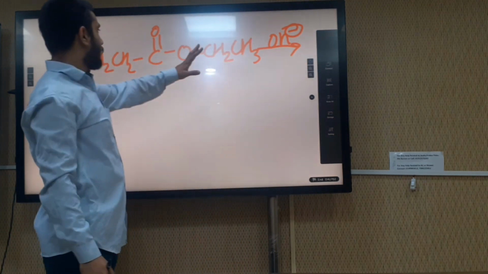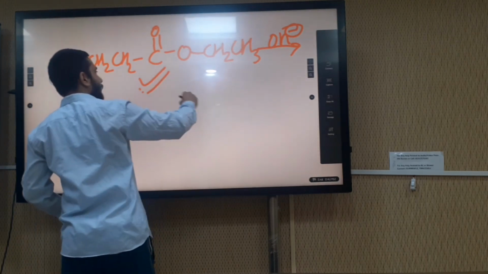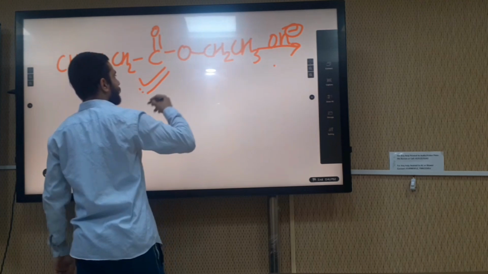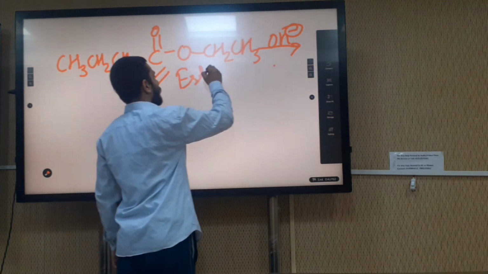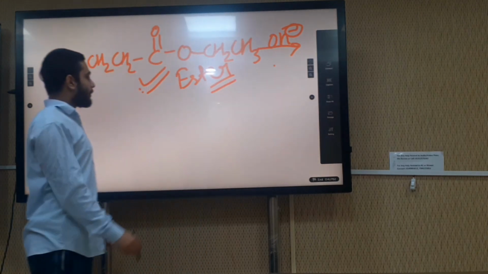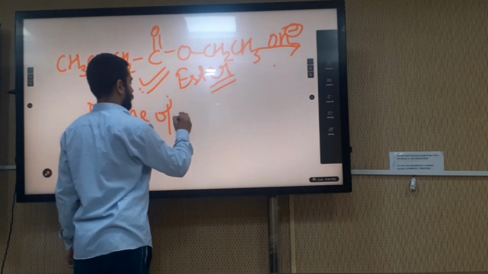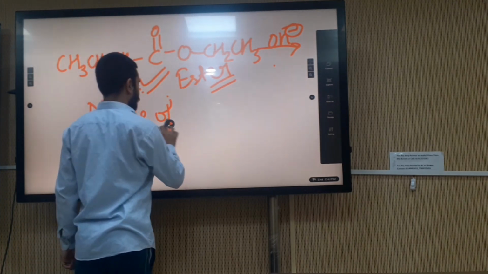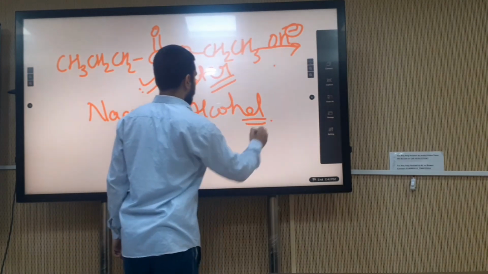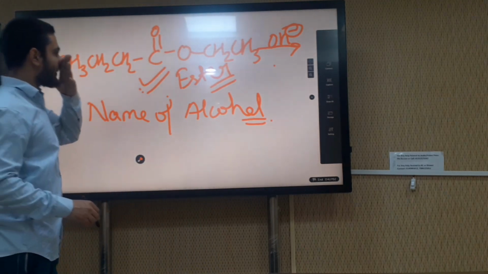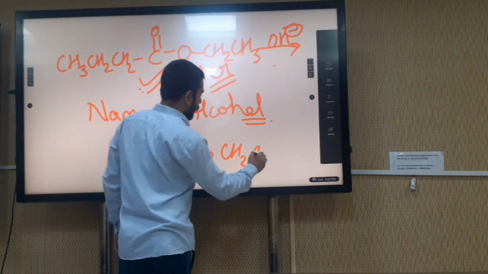When this ester reacts with OH minus ions introduced in the solution containing this ester, what is the name of the alcohol which will be formed? The alcohol will be nothing else but ethanol, CH3CH2OH.